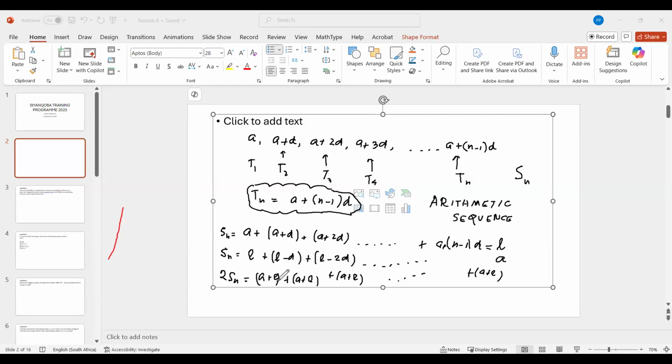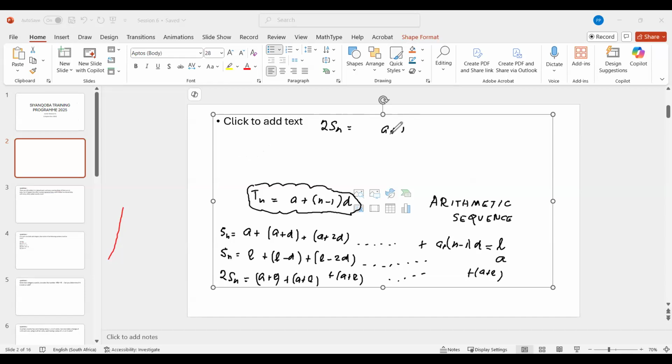Now, this is very nice because you've got the same number added to itself n times, because there were n terms in the sequence. So twice the sum is actually equal to A plus L added to itself n times.